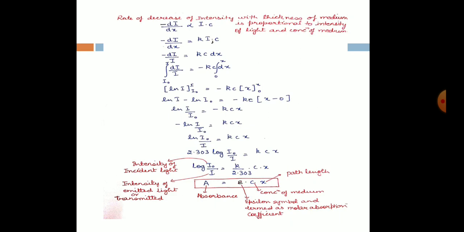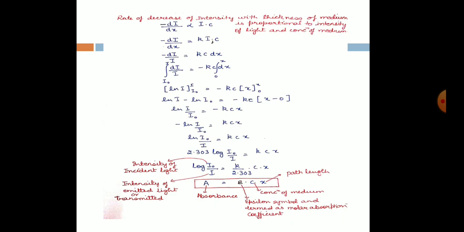Now it is proportional to the intensity of the light I and the concentration of the medium C. When we remove the proportionality sign, we place a constant, that is k. So minus dI by dx is equal to k I C. k is the constant, I is the intensity of the light, and C is the concentration.